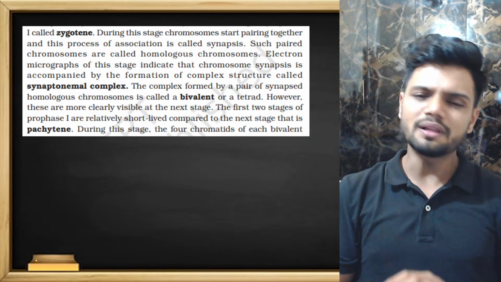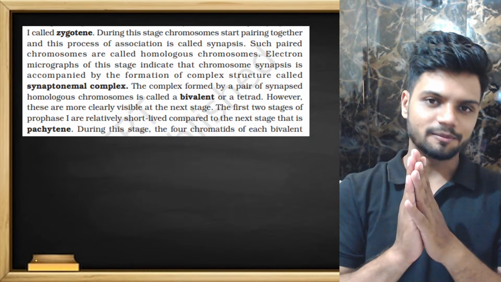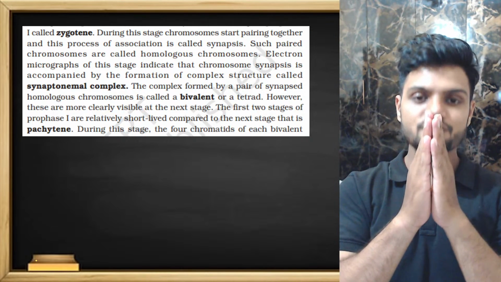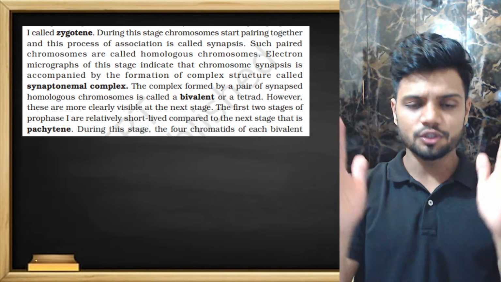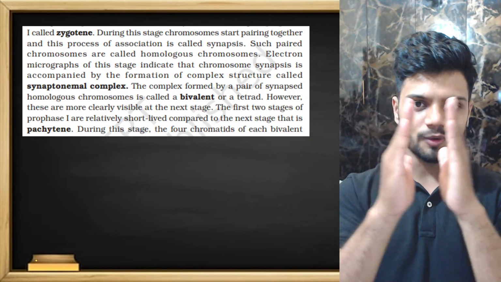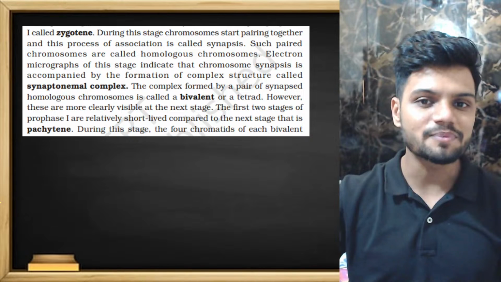Similarly, in the case of chromosomes, they are trying to find a best friend. That is, two chromosomes which extremely look alike, like twins, are coming together. The process of two chromosomes coming together is called synapsis, students.